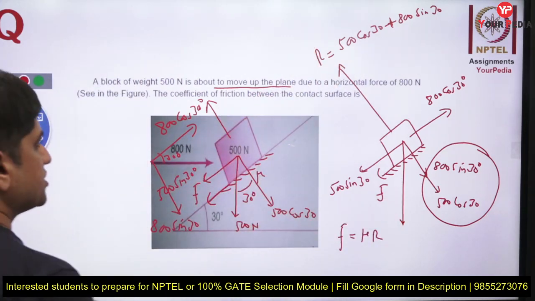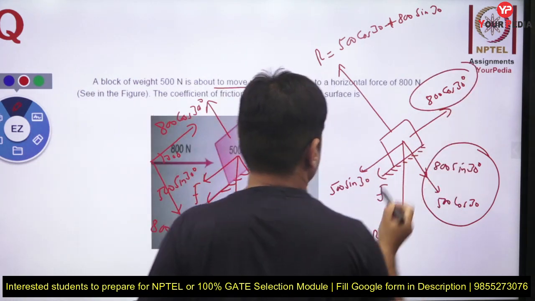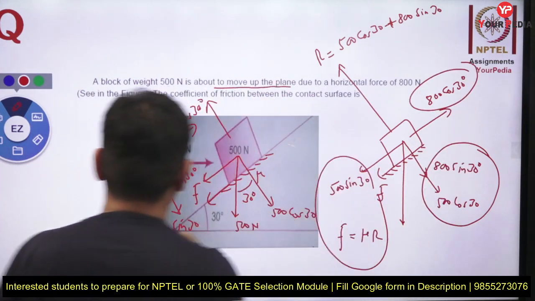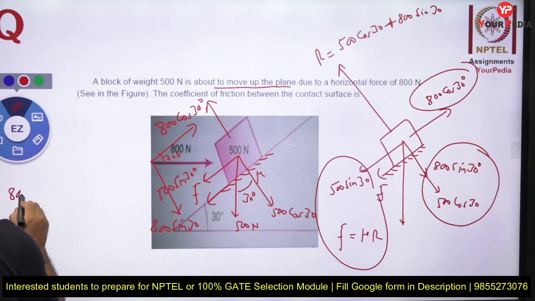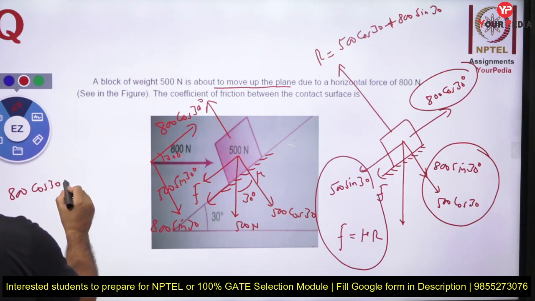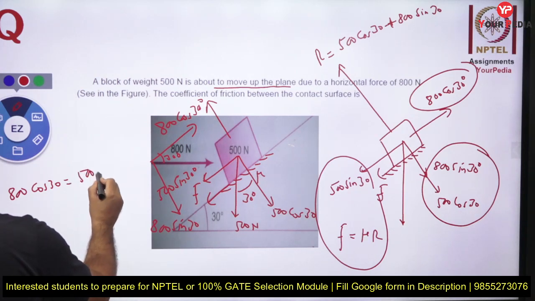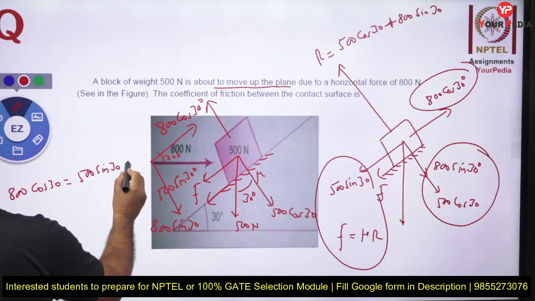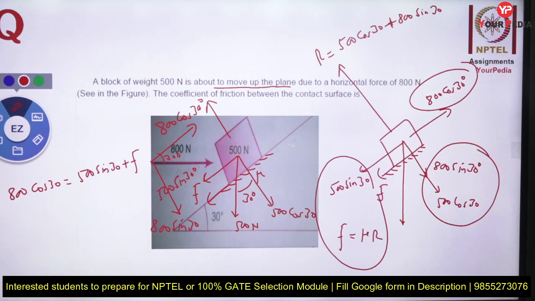Now what is another equation? This force is balanced by these two forces. So we can say 800 cos 30 is equal to 500 sin 30 plus friction force. So almost at this point the body will start moving up, and all we need to find out now is the value of mu.